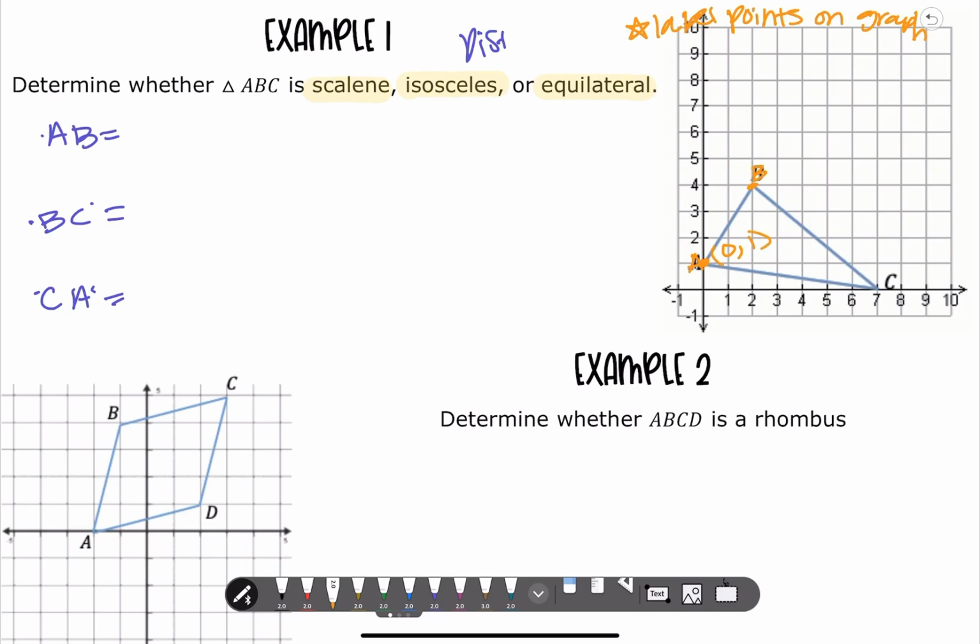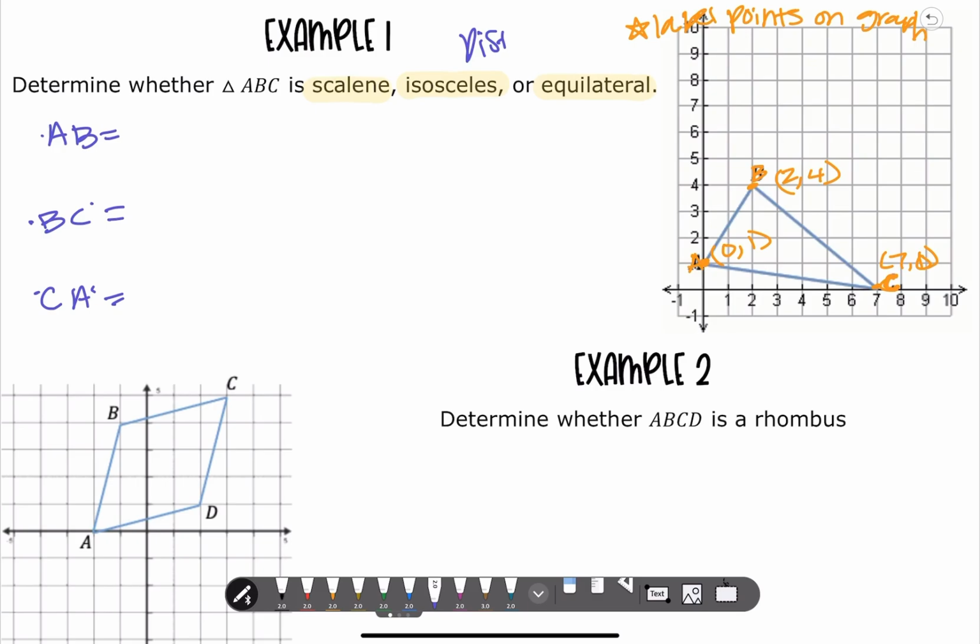B is at 2, 4. And C is at 7, 0. Starting you off easy with this first one, in the first quadrant, and then we move into all four quadrants.